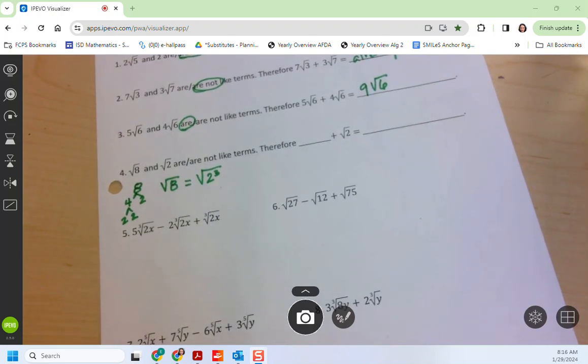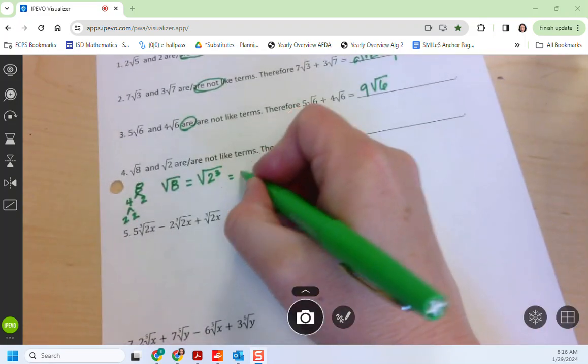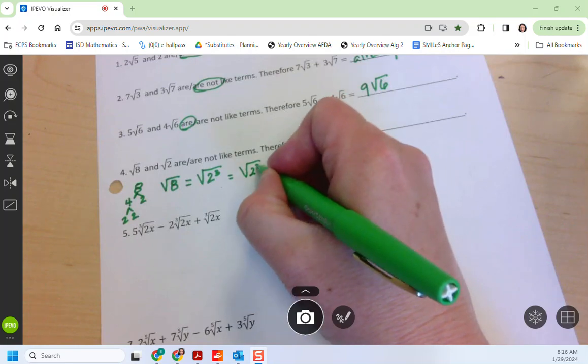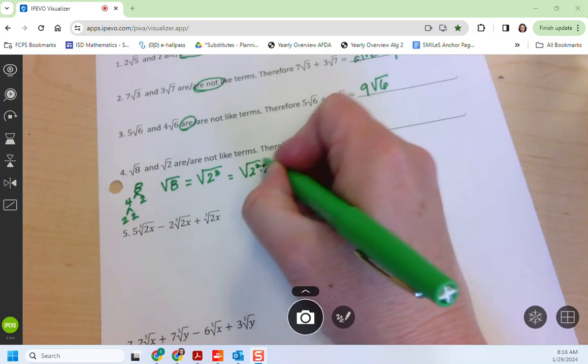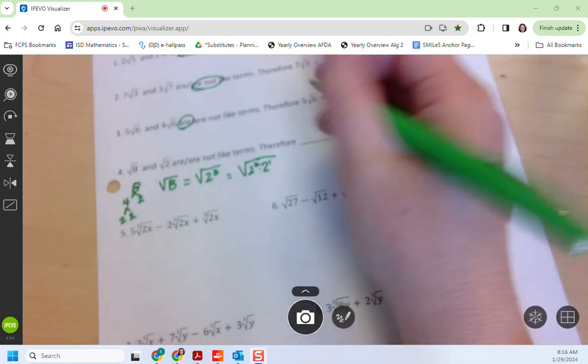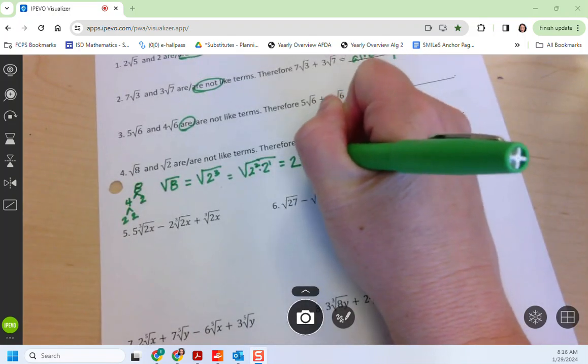And remember that when we simplify a radical, we want to make the index the same as the exponent. So I can break that into square root of 2 squared times 2 to the 1. It's a little bit of review from last week. Square root of 2 squared is just 2. And 2 to the 1 stays underneath. So I get 2 root 2.